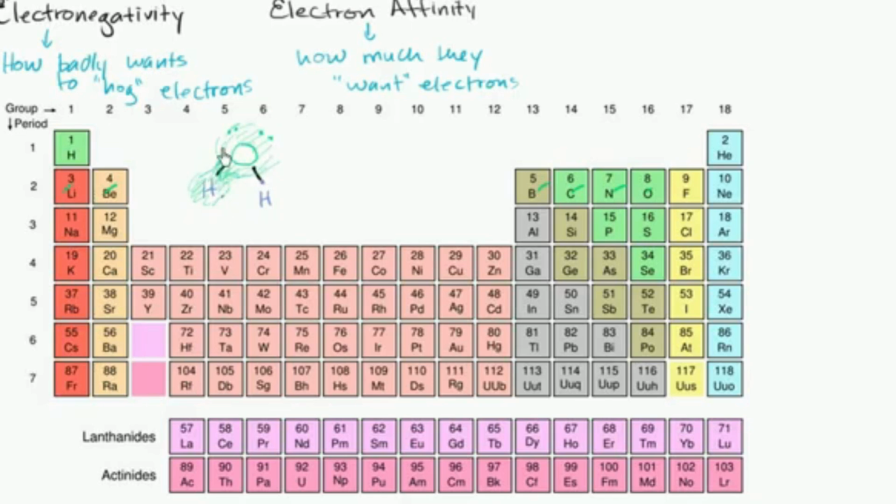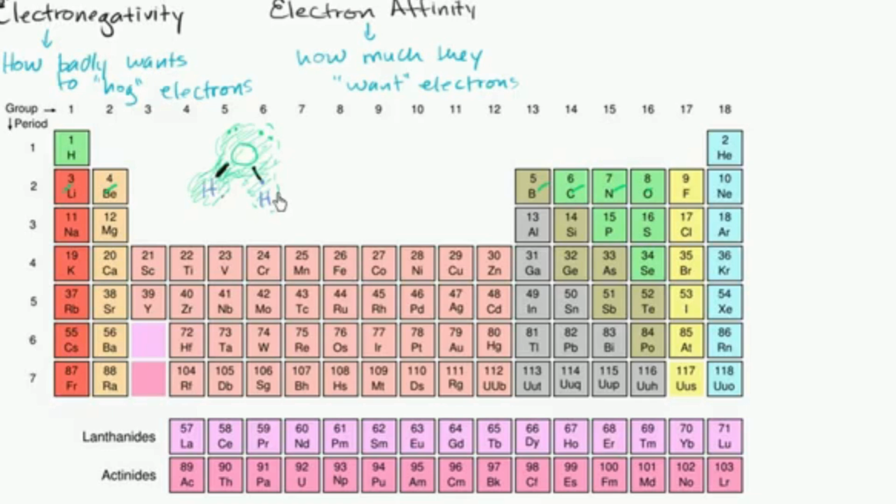And so in this type of covalent bond, the 2 electrons that this bond represents are going to spend more time around the oxygen than they are going to spend around the hydrogen. And we know that because oxygen is more electronegative. We'll talk about the trends in a second.